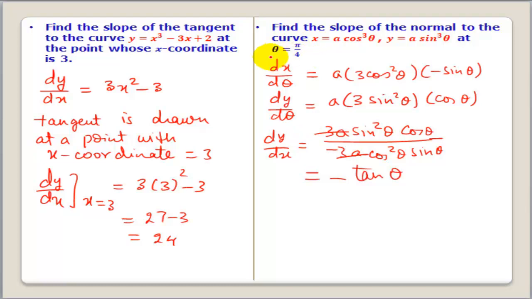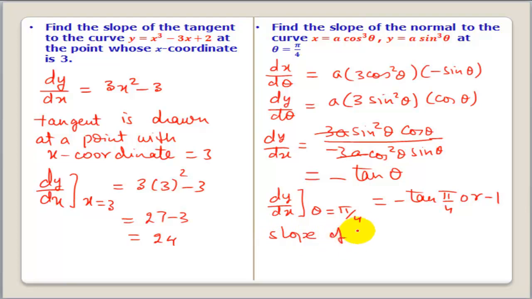Now, as we have to find the slope of the normal at theta equal to pi by 4, let us first find dy over dx, the slope of the tangent at theta equal to pi by 4. It will be minus tan pi by 4, which is minus 1. So the slope of the tangent is minus 1.